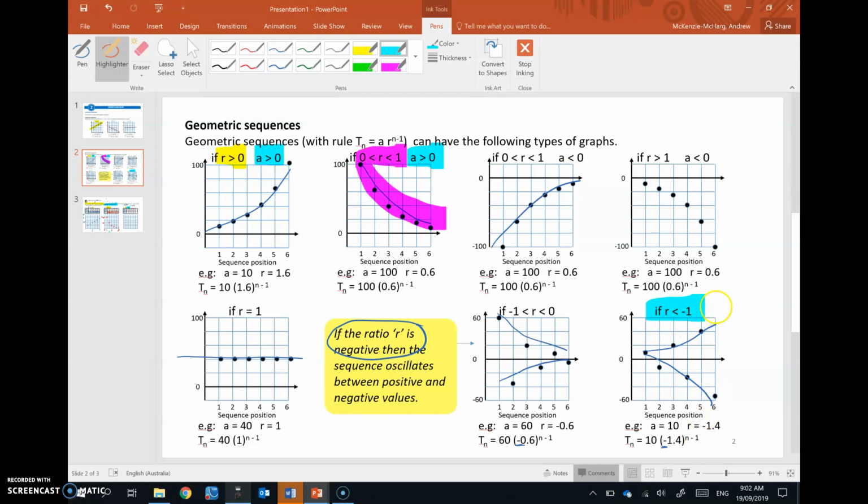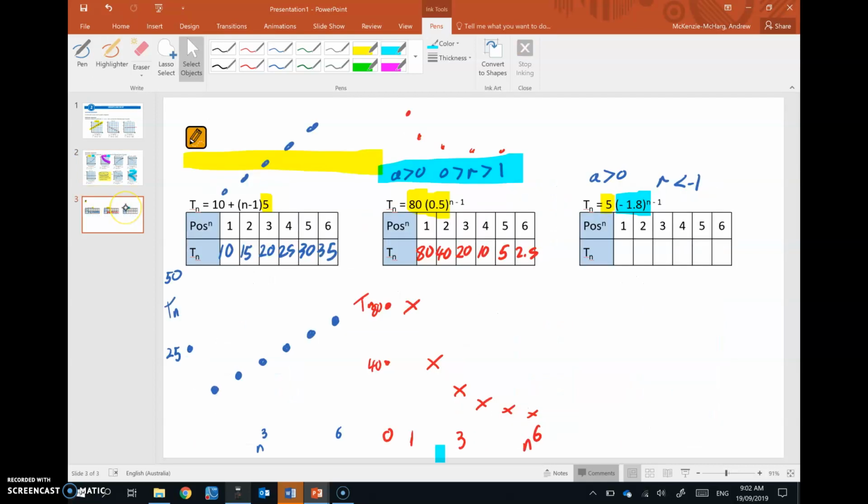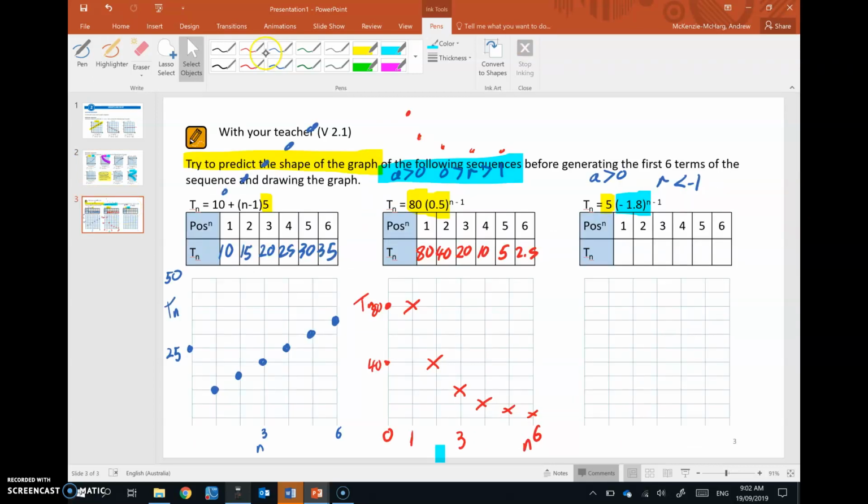If r is more negative than negative 1, we're definitely getting this shape to our graph, this diverging sequence. So with this one, we're expecting the sequence to oscillate or alternate between positive, negative, and diverge in its shape.